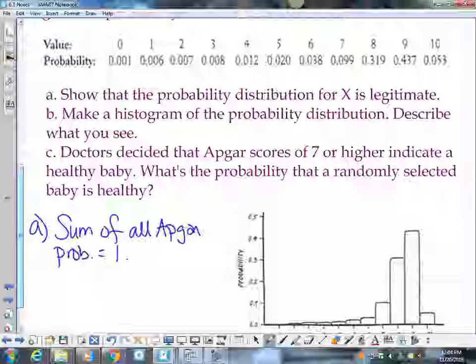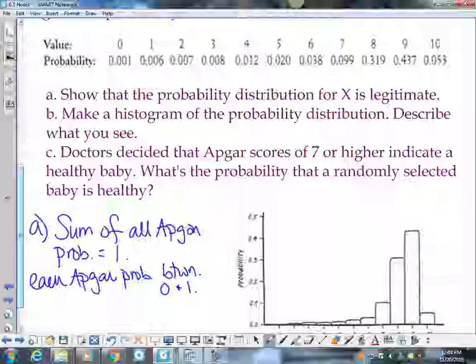Yes. Each Apgar probability between 0 and 1. Everybody all right?